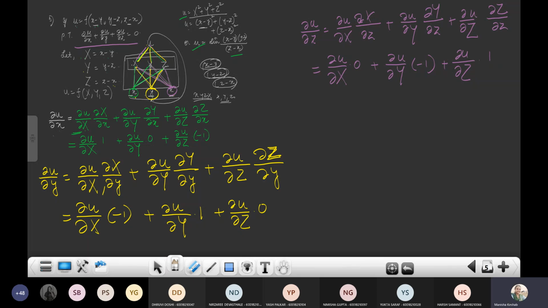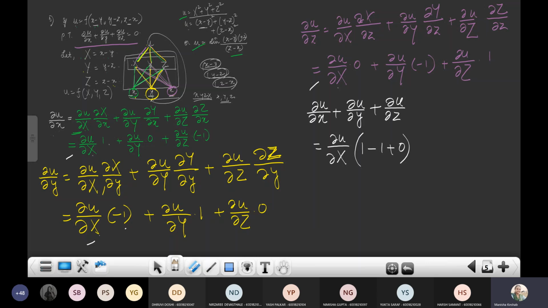ये कर लिया, now what we need to do. ठीक है, so now we have ∂u/∂x plus ∂u/∂y plus ∂u/∂z, so basically you are adding these. So everywhere you can see ∂u/∂X, ∂u/∂X, ∂u/∂X. So you can take common ∂u/∂X, and then you can add 1 minus 1, 0.